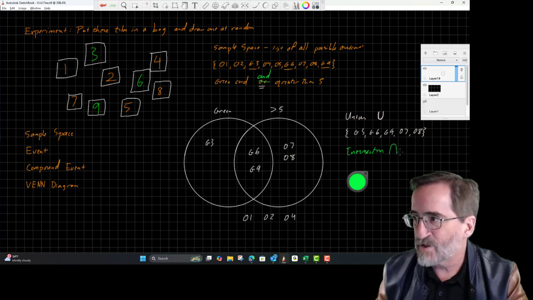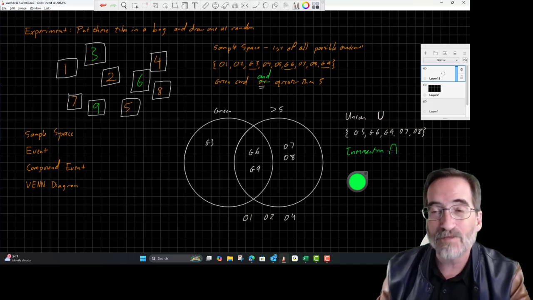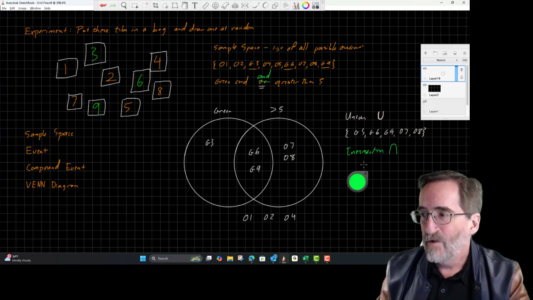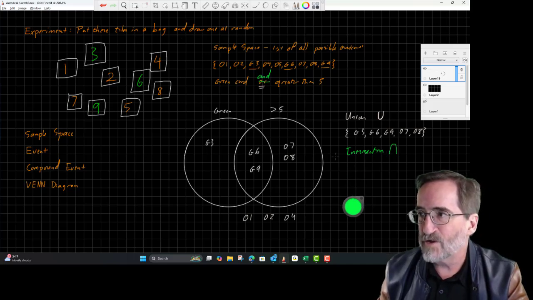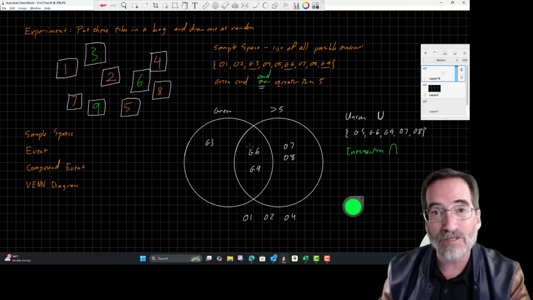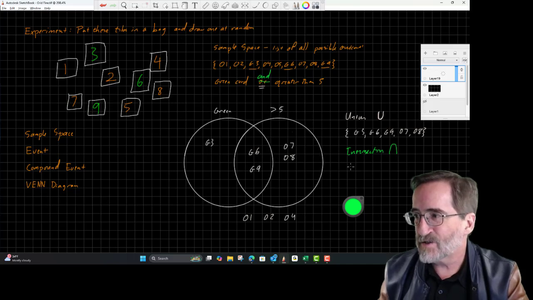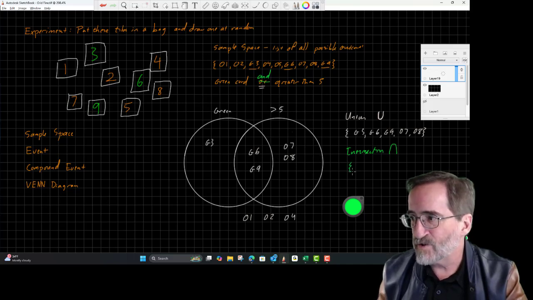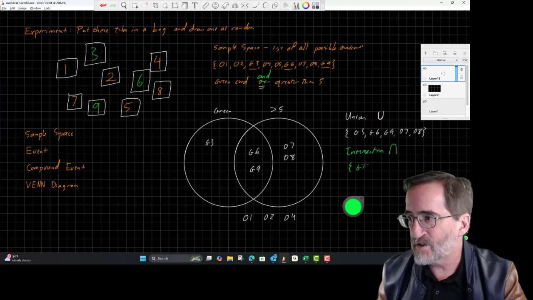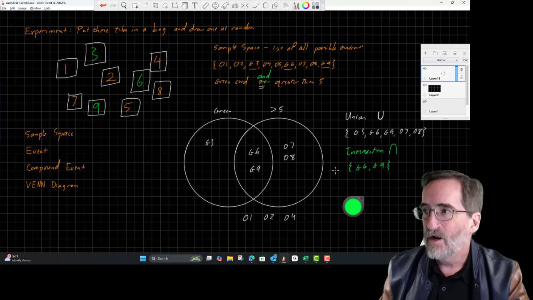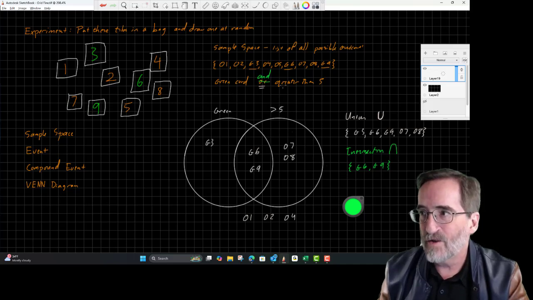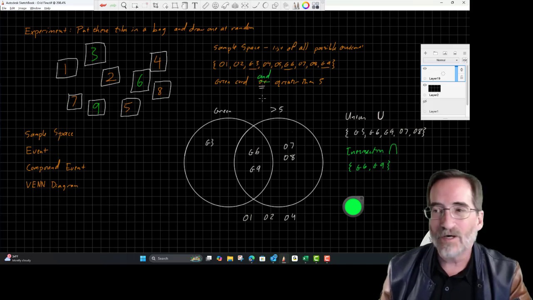The symbol is like my U but turned upside down, kind of like an N. For a green card and greater than 5, both must be true at the same time. So we might say the members of this set are green 6 and green 9. Those are the only two cards that are both green cards and greater than 5.